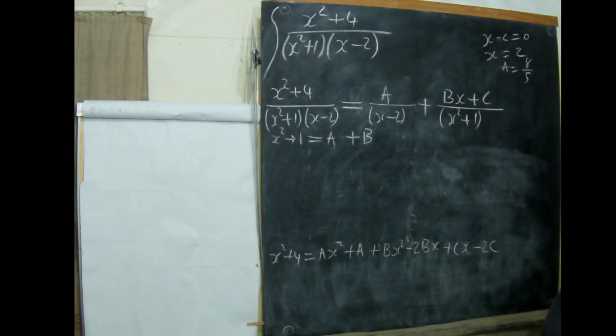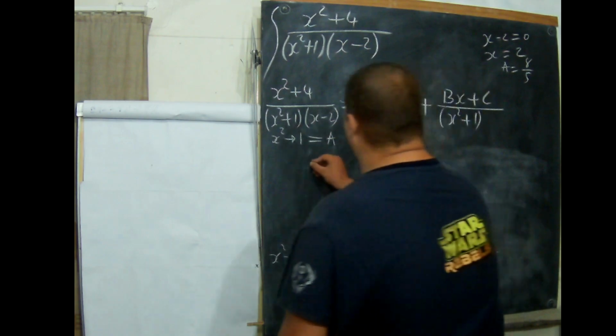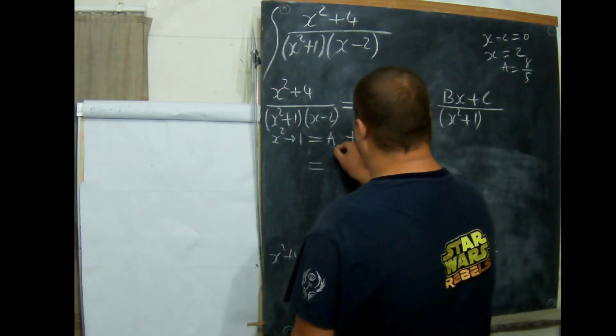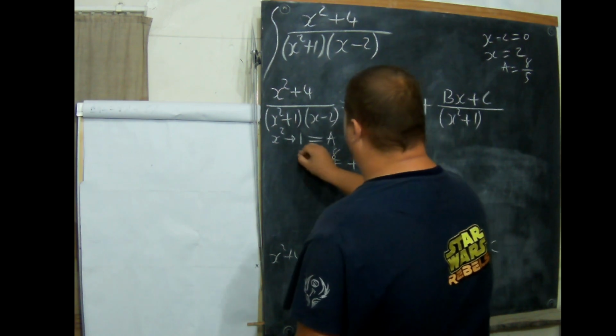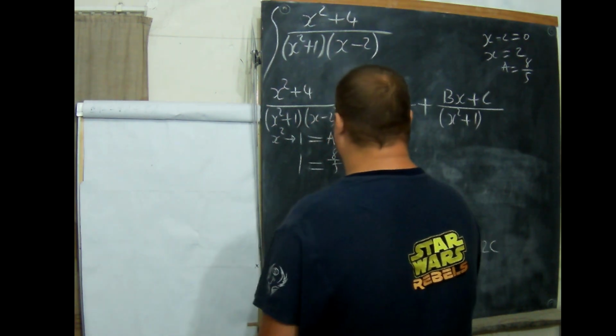Okay, so now what we need to do is say that a plus b, so it's 8 over 5 plus b is equal to 1.